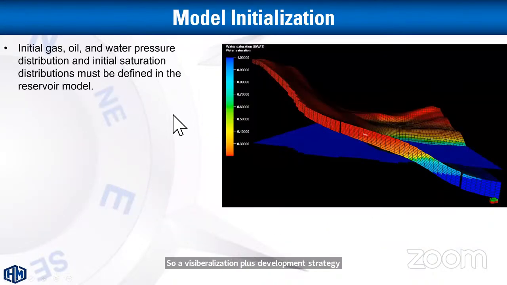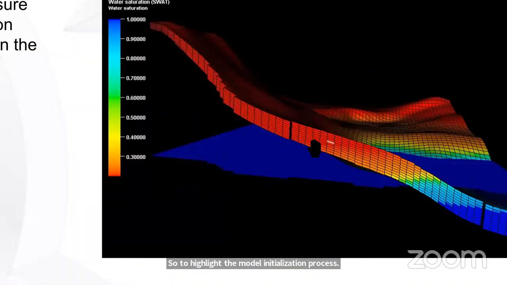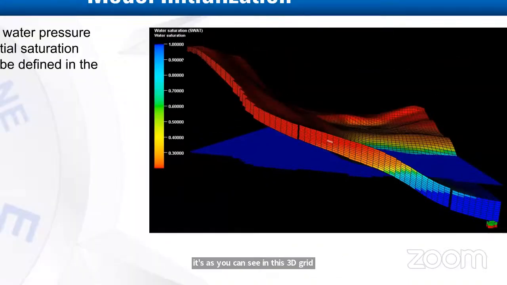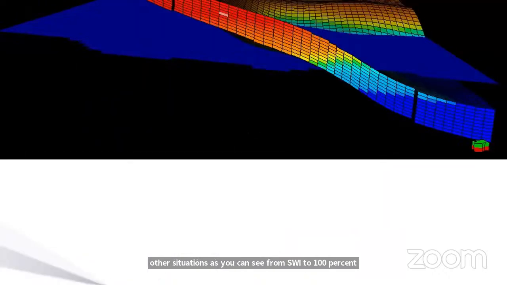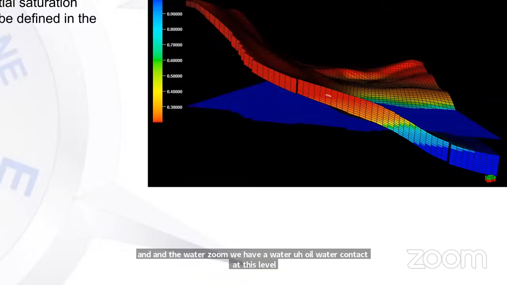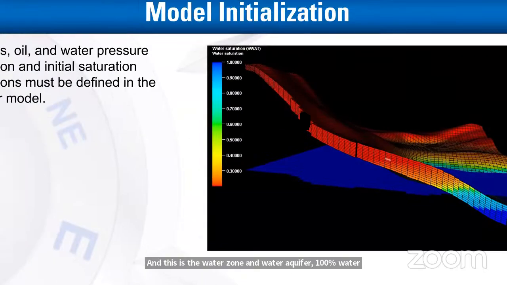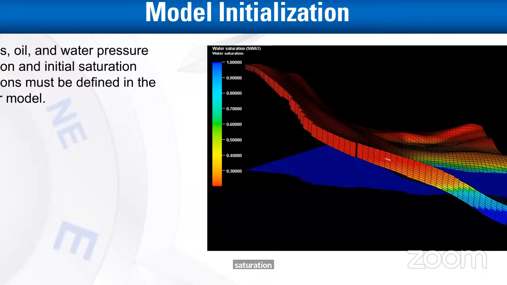So to highlight the model initialization process, as you can see in this 3D grid, this is the water saturation, from SWI to 100%. So in the water zone, we have the oil water contact at this level, and here this is the water zone, water aquifer, 100% water saturation, and above the transition zone, we have clean oil production, which means we have oil plus SWI.